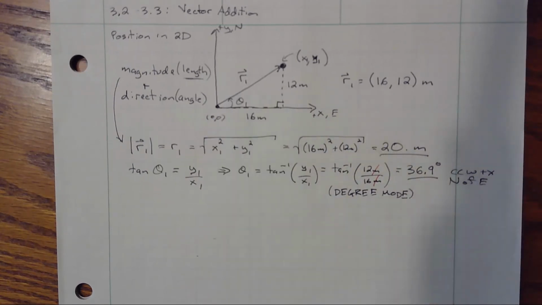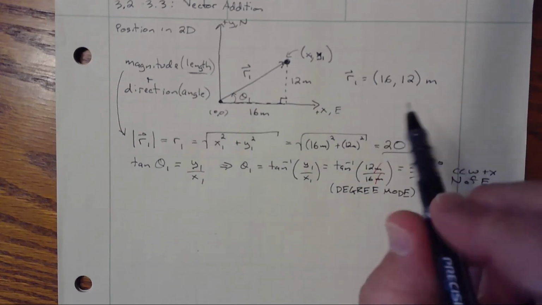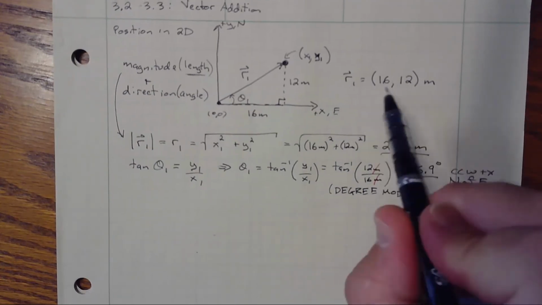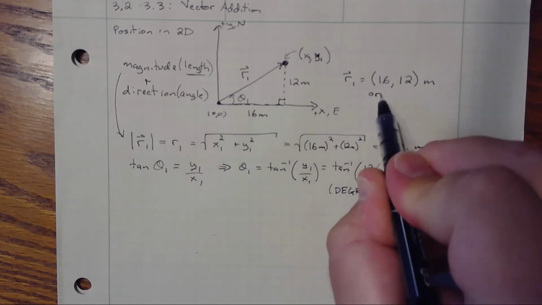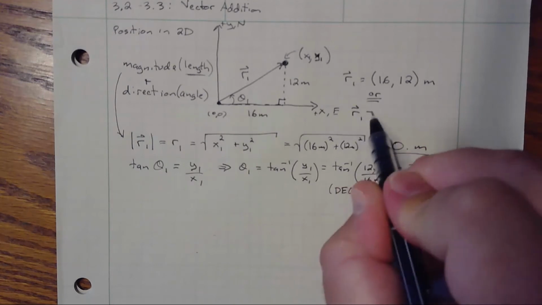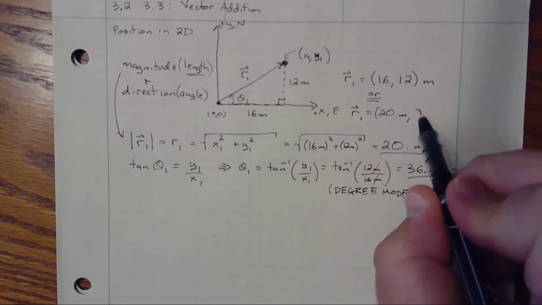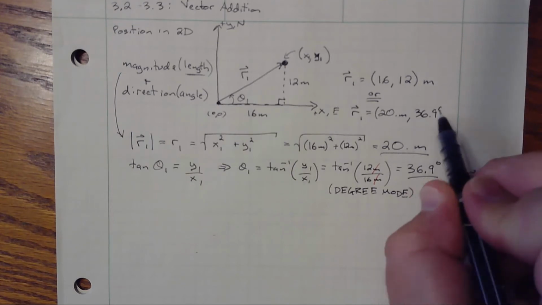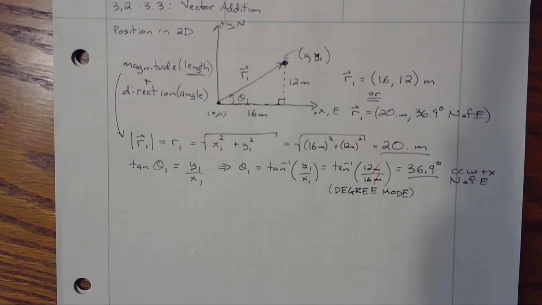So either we can say that R1 is equal to these components of 16 and 12 in this coordinate system, or we can say that R1 has a magnitude of 20 meters in a direction of 36.9 degrees north of east. Either one of those is completely sufficient to denote the vector.